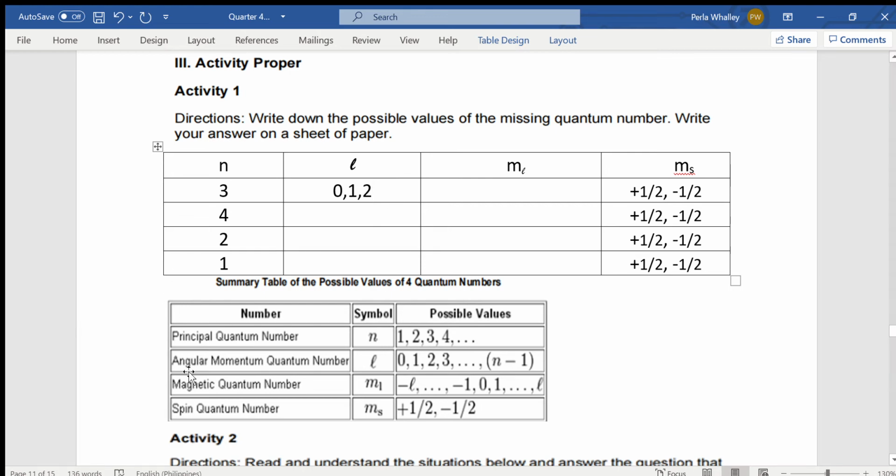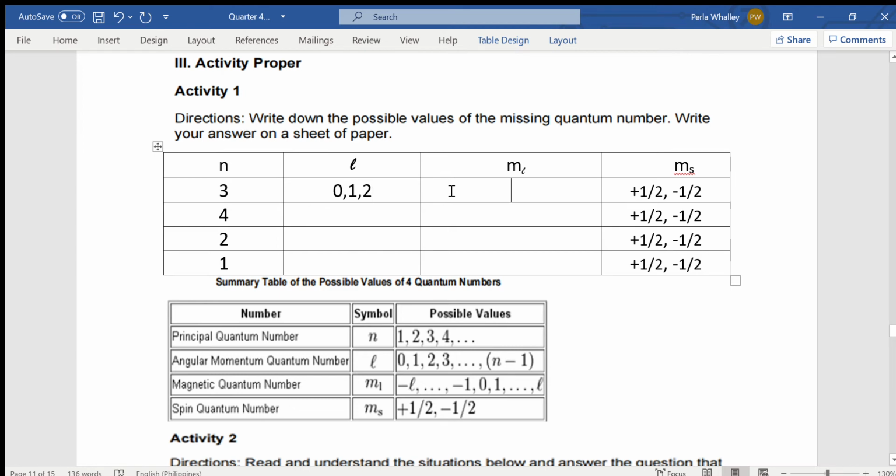Remember that M sub L would just follow your L: minus L on the left side, and on the right side would be plus L. So the number on both ends would be your L, the ending of your L. So that would be what?